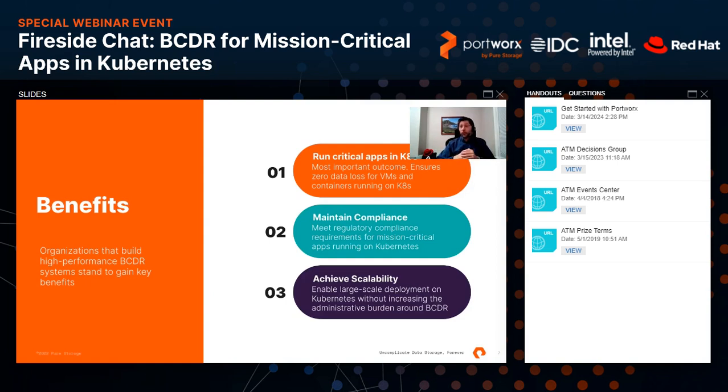And we're working with a lot of partners in the field as well, especially global system integrators like Accenture, Deloitte, HCL, as well as even more of the regional system integrators.